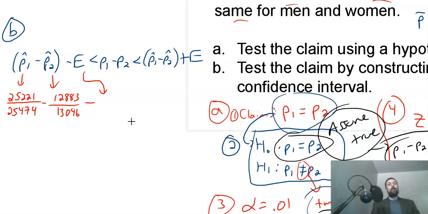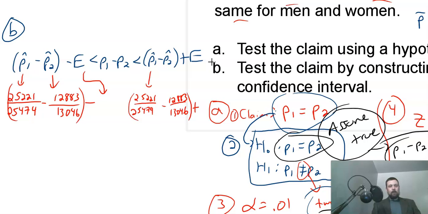We don't know what that is yet. We'll do the same thing here. We're going to have 25221 over 25474 minus 12883 over 13046, in parentheses to make it easier to read, plus the margin of error.